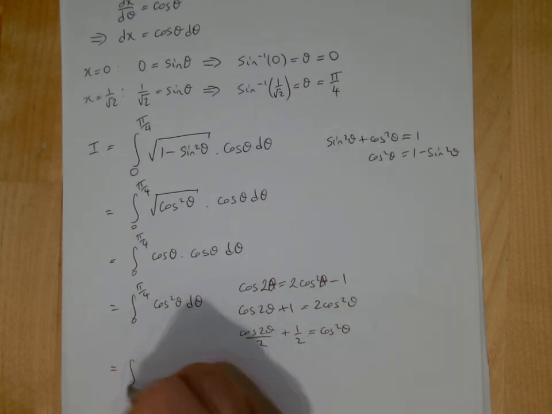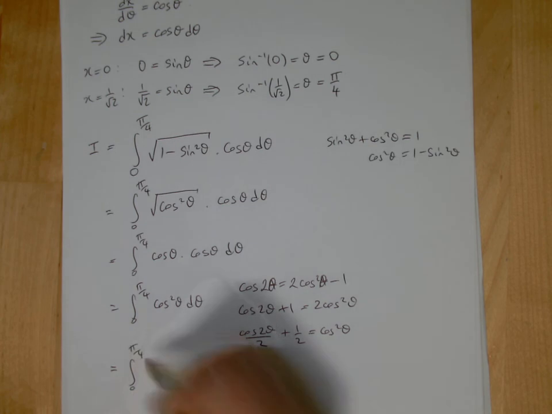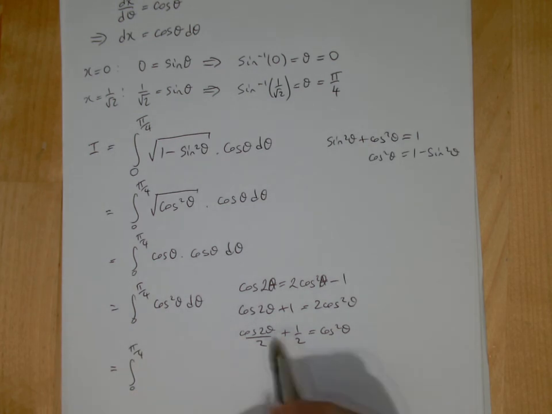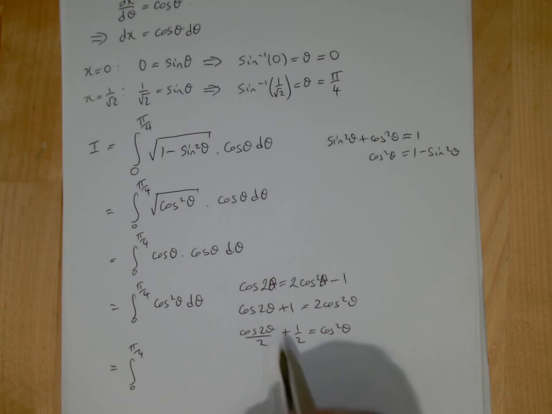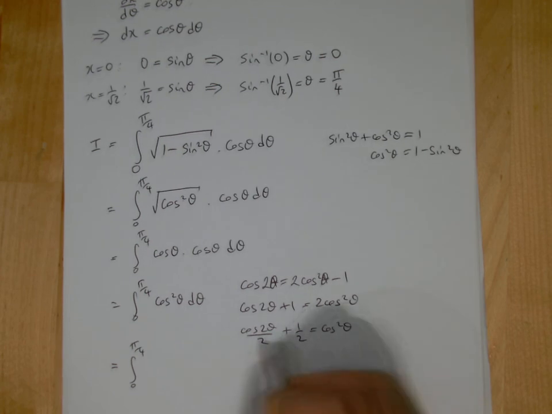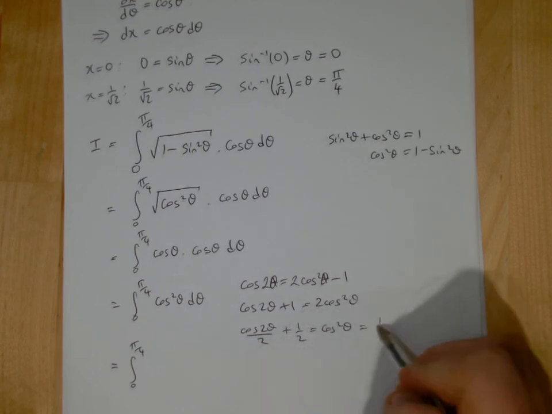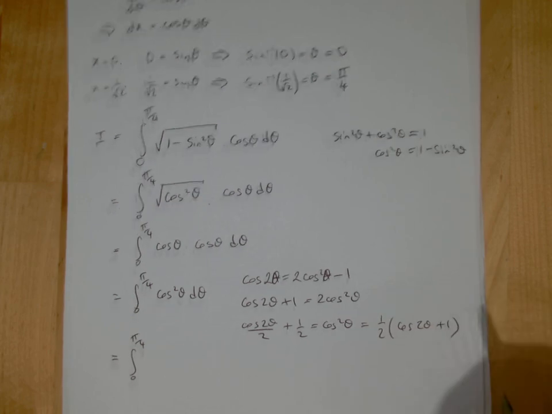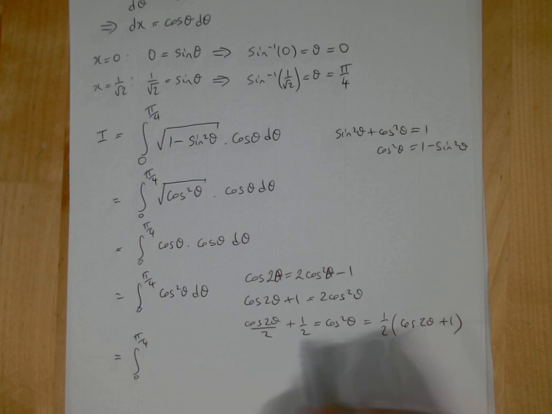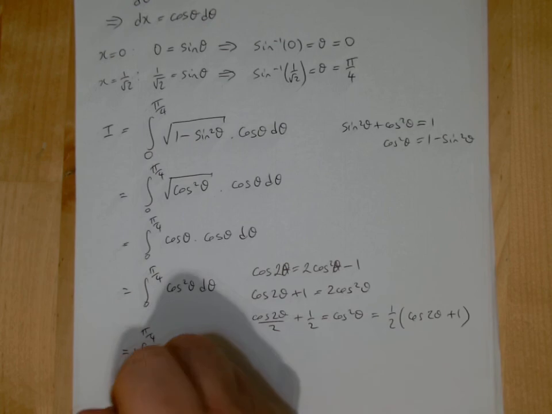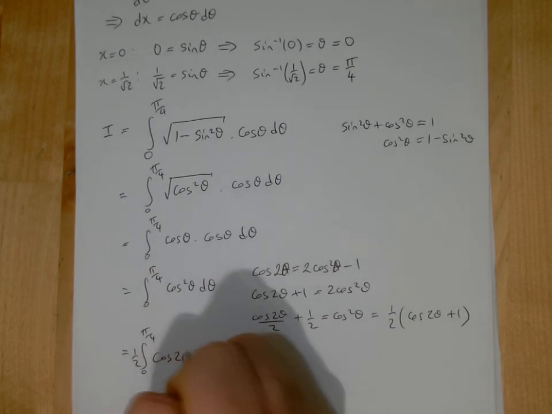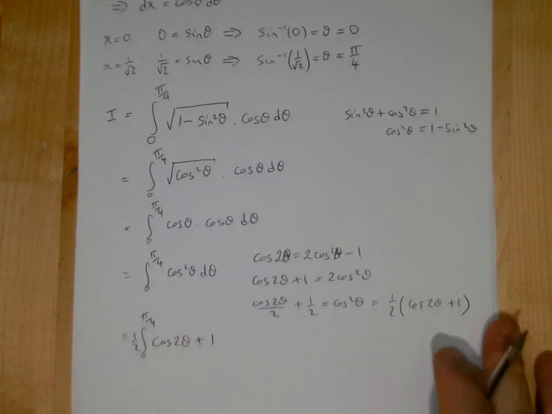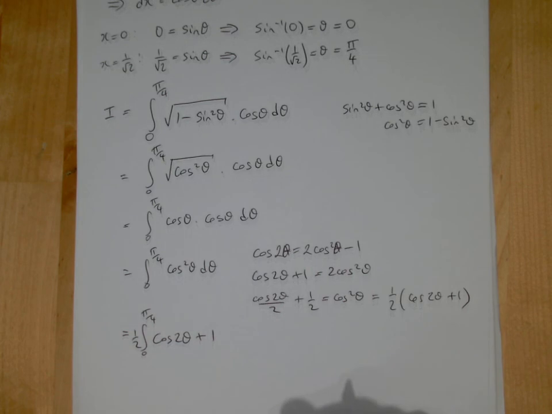So the integral between 0 and pi by 4 of this, and what you can do, of course, is appreciate that this would equal a half times cos 2 theta plus 1, as we saw in the last video. You can factorize out a half. So when I replace cos squared theta with this, I can put the half on the outside, and cos 2 theta plus 1 on the inside.